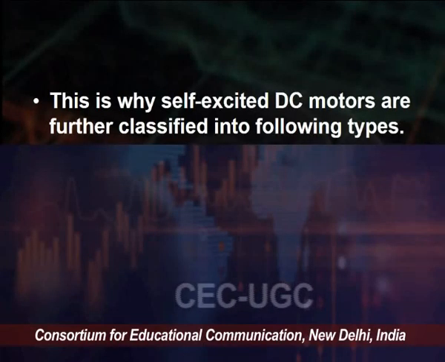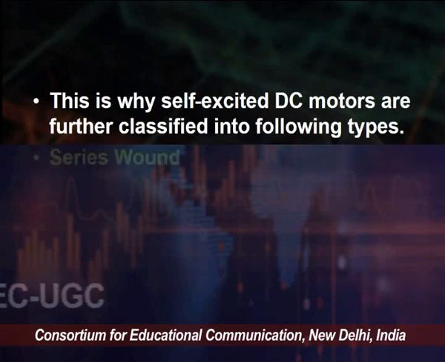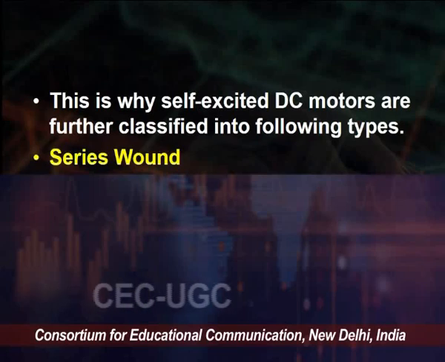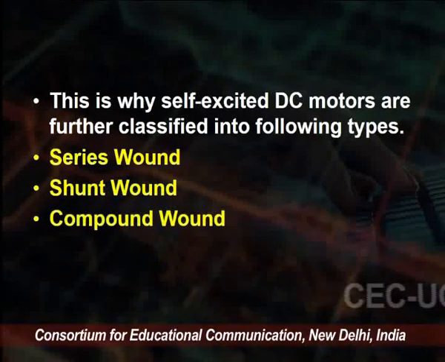The field winding can be connected in series, in parallel, or partially in series as well as in parallel with the armature winding. So this type of self-excited DC motor is further classified into the following types: one is the series wound, second is the shunt wound, and third is the compound wound.